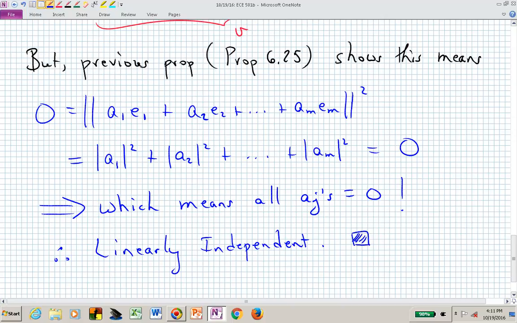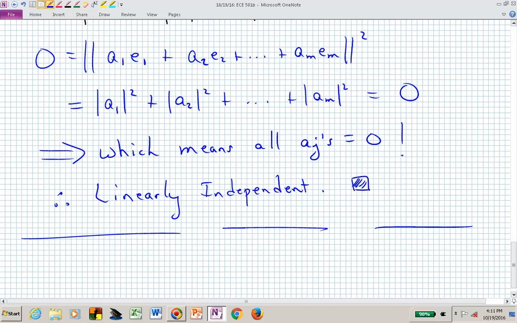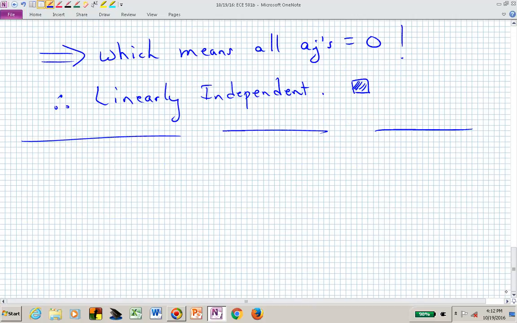And that fell out immediately from the norm of a linear combination of orthonormal vectors. Well, now if we have these orthonormal vectors, maybe we can create basis vectors with those, because we should be able to extend those. We know we can do that to fill our vector space.